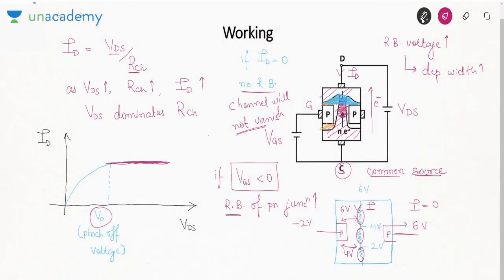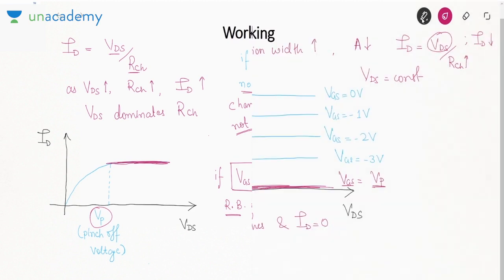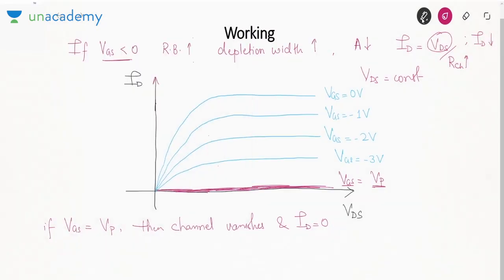Earlier we were obtaining reverse bias due to this flow of current, but now we are obtaining reverse bias by means of the gate voltage. I told you if current becomes 0, there will be no potential drop. If there is no potential drop, there is no reverse bias. So let me write it down for you.